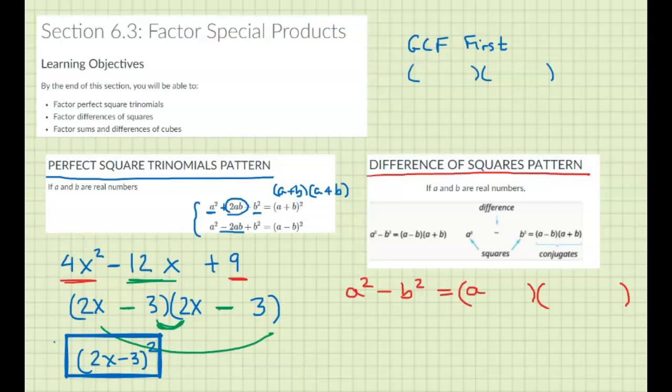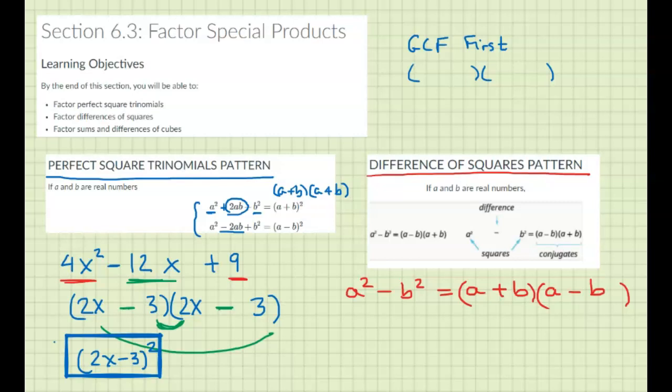So you have a minus b and a plus b. They're almost identical, but they're not identical because one is a sum and one is a difference. This will always happen if you start with the difference of squares, a binomial where the middle term is missing, so it's not like the typical trinomial.